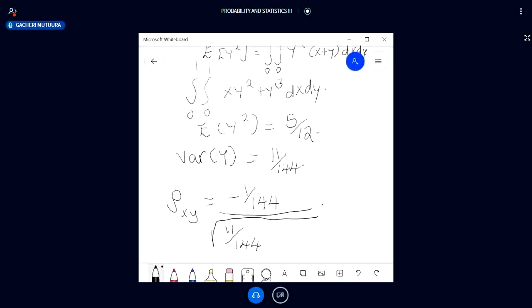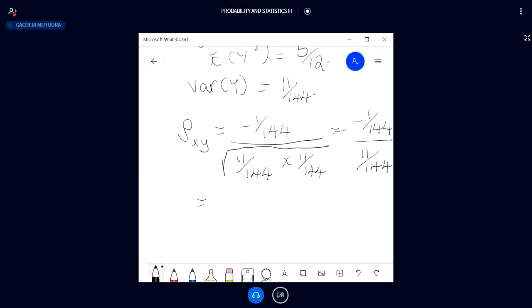So this is -1 over 144 divided by 11 over 144. This is -1 over 11. Interpretation: -1 over 11.